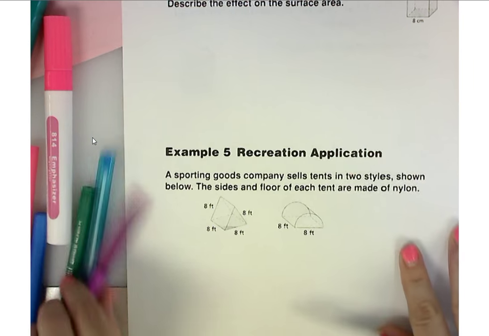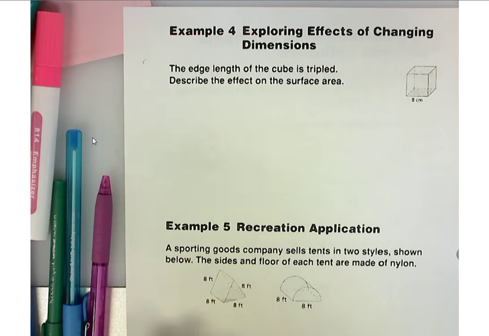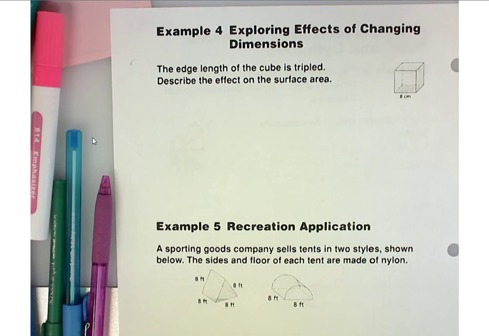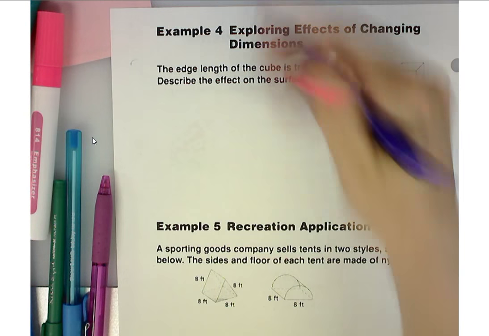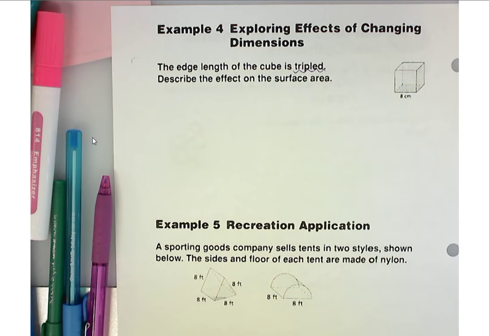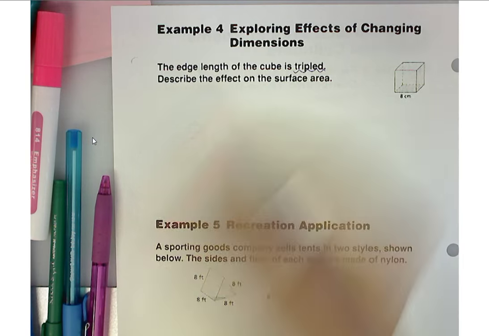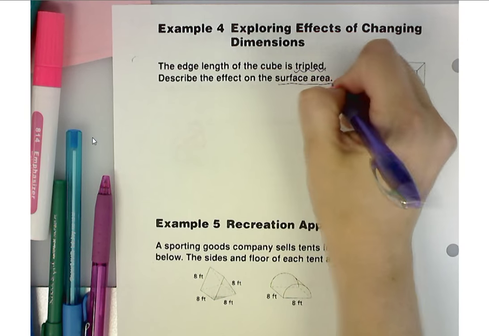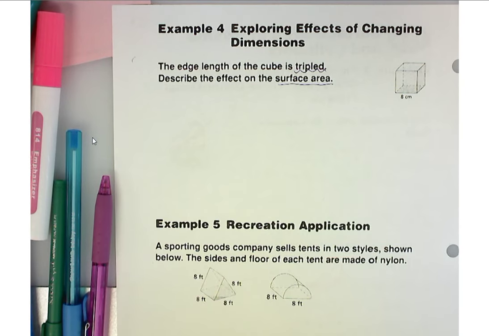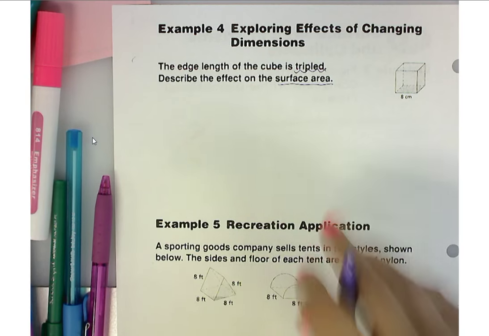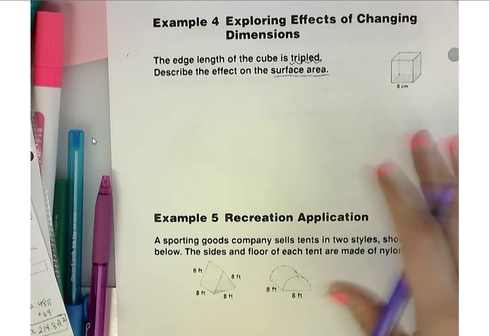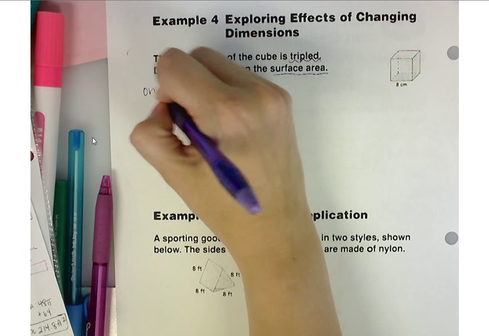For example 4, we're going to explore the effects of changing dimensions. The edge length of the cube is tripled. What we have to do is describe the effect on the surface area. So first let's look at the original.